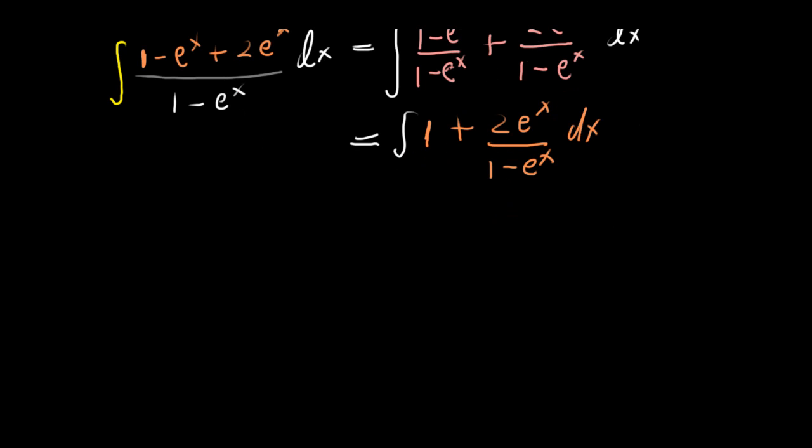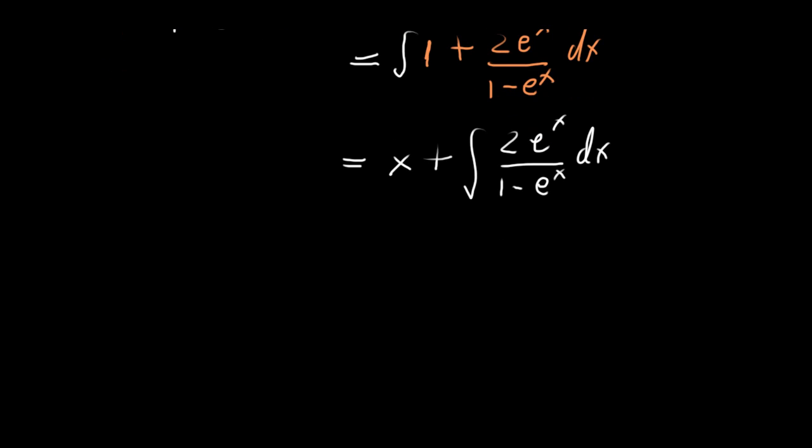So I can split the integral up, so I get x, the integral of 1, plus the integral of 2e to the x over 1 minus e to the x dx.